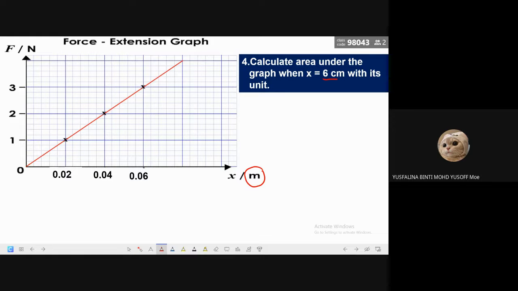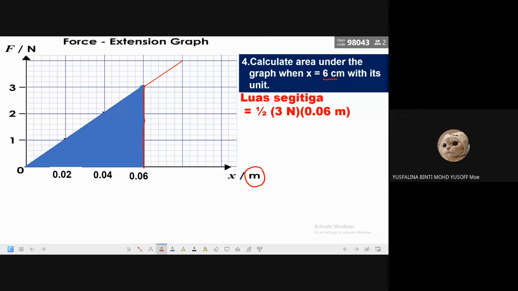So you just make a line here. After that, this one is the shape of a triangle, so you just need to use the triangle formula. Half, the base is 0.06 and the height is 3.